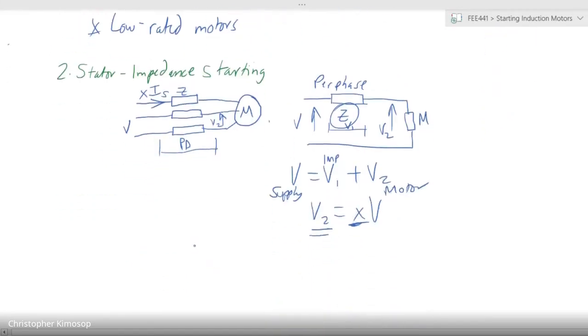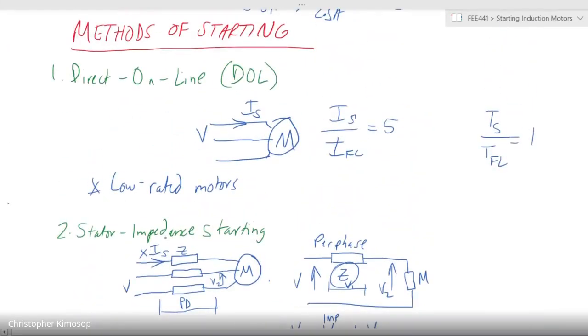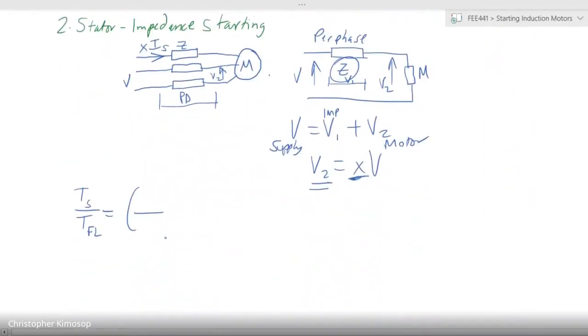So what this means is that if we look at our ratios again, you will find that TS over TFL is equal to, we said it is the starting current, which we will call XIS, over the full load current, which is IFL squared times SFL.